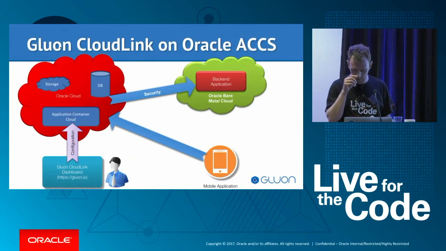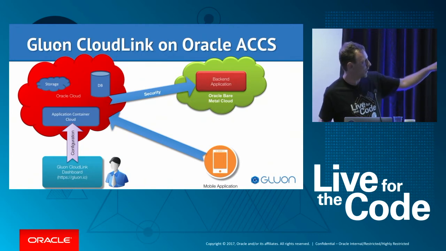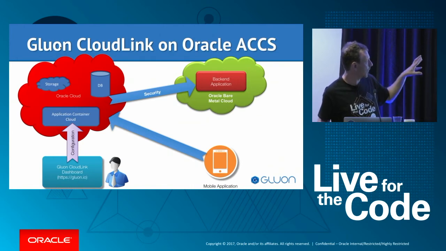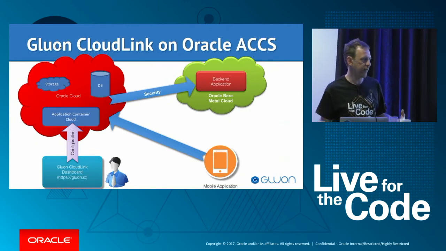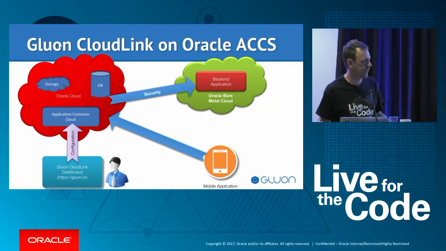We won't go into detail there, but if you combine everything, the architecture looks more or less like this. We have a mobile application, and we have a backend application running on the OCI, or the bare metal cloud. The mobile application is talking to middleware, Gluon CloudLink, which allows data synchronization, storage, flexibility, security and configuration, and can be installed on Oracle Cloud.